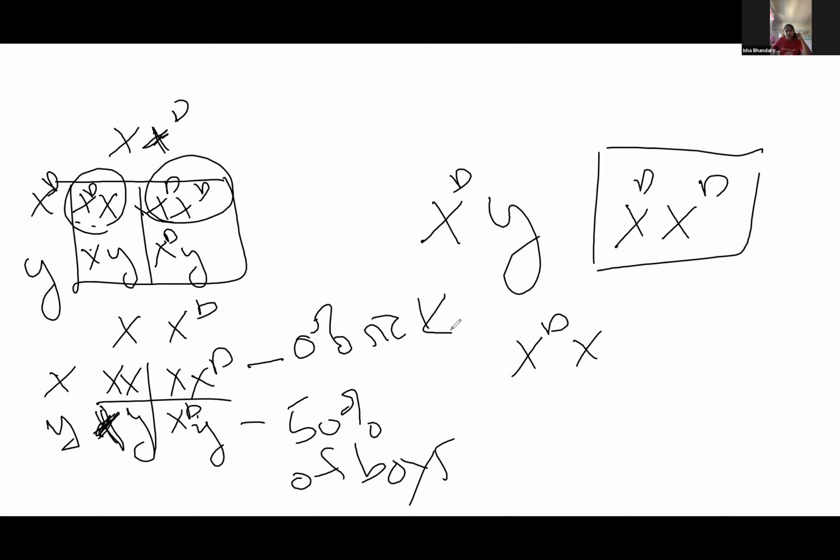Wait, what about the first one up top? 50% of the boys would be sick, and a girl would have only two choices: they're either a carrier or they're sick. So how would it be 50% if only one of the boys carries it?